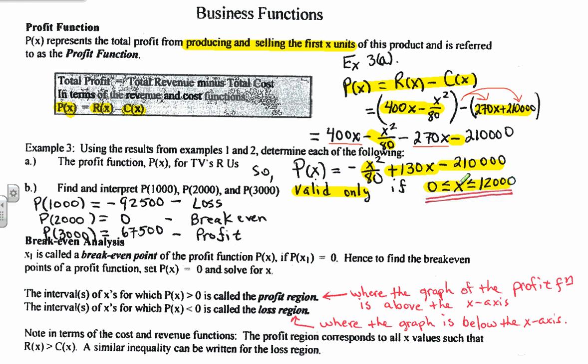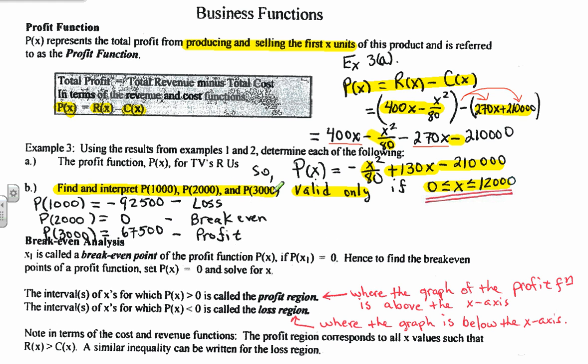When the first, let's say X are equal to 10,000, then that would be the total profit from producing and selling the first 10,000 units in a given month.